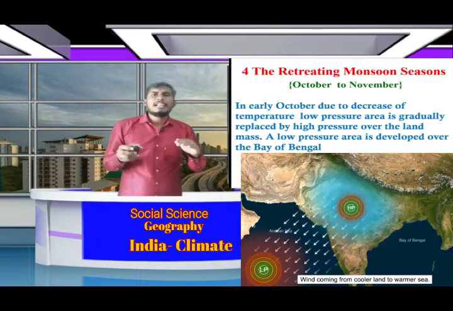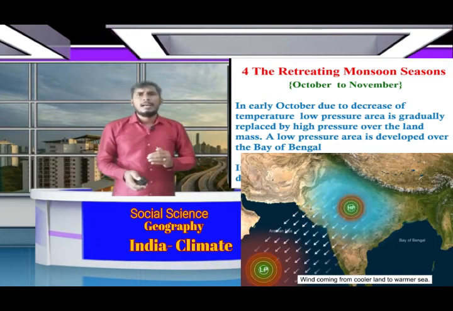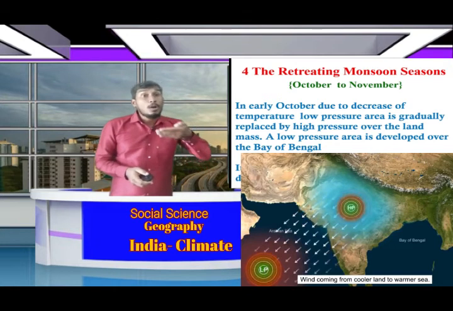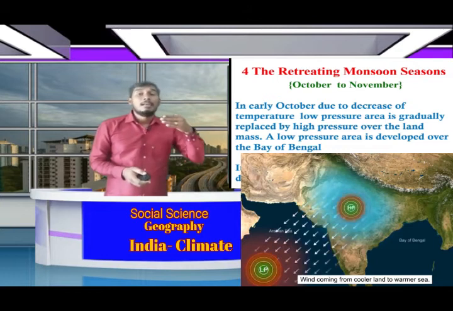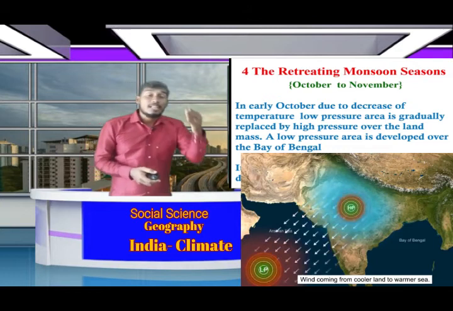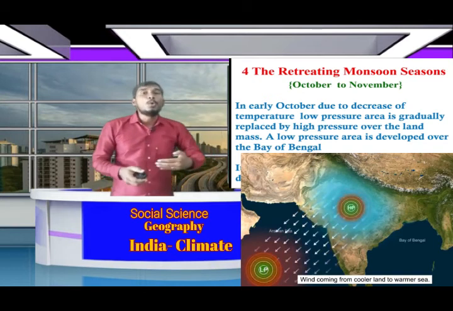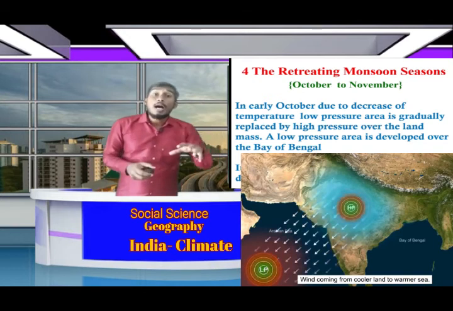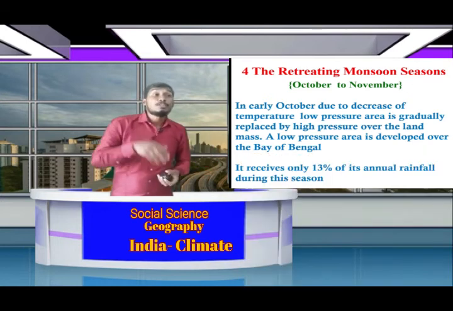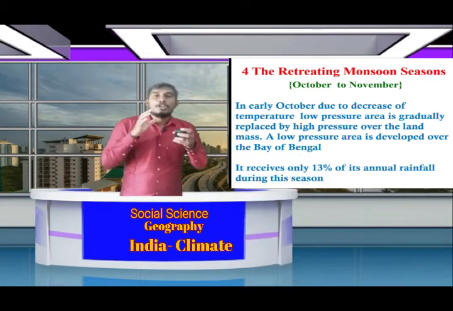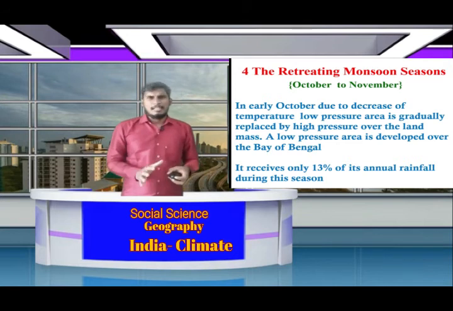A low pressure area develops over the Bay of Bengal. Hence the monsoon, which had come from the Bay of Bengal, strikes the Himalayan ranges and comes back once again to the sea as the high pressure builds. That's why we call it the retreating monsoon season.